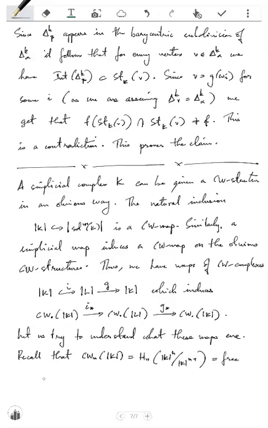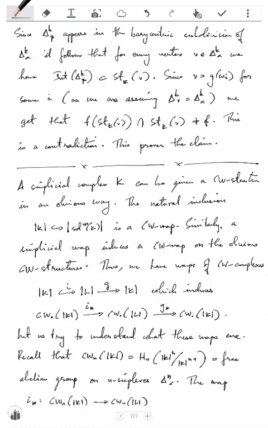This is a free abelian group on n simplexes. The map I lower star is described as follows.